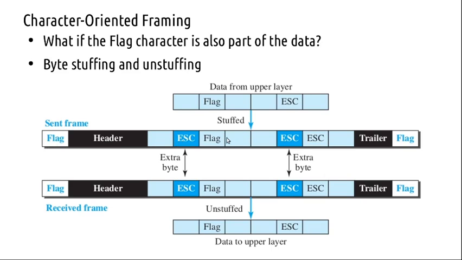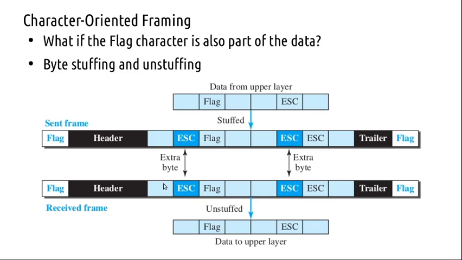So this is byte oriented framing. This will make sure that the receiver side interprets this as data. It will understand that this is data. Again, there could be situations where the escape sequence itself is part of the data.